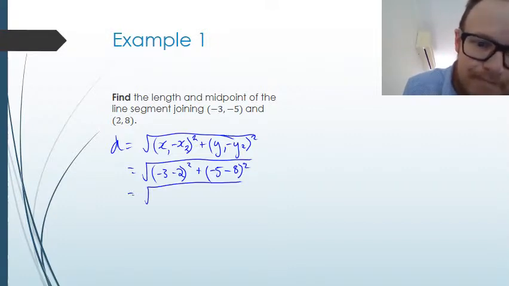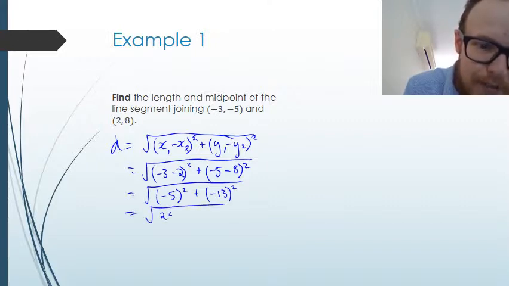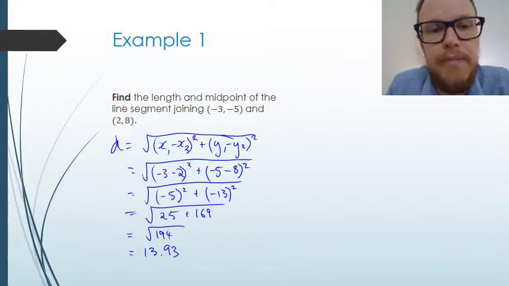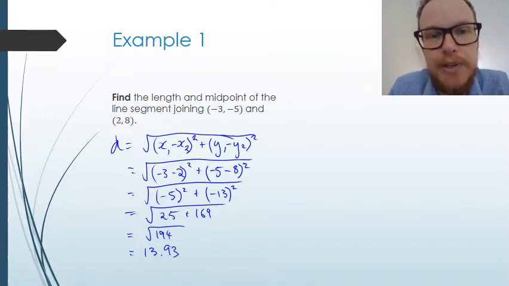We get -5 all squared plus -13 all squared, which is 25 plus 169, which is the square root of 194, which is about 13.93. So that's the distance, or the length of our line segment, the distance between those 2 points.